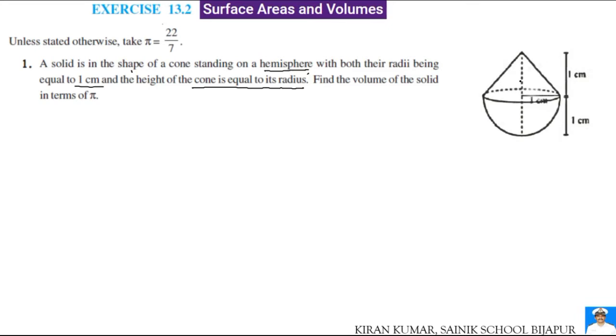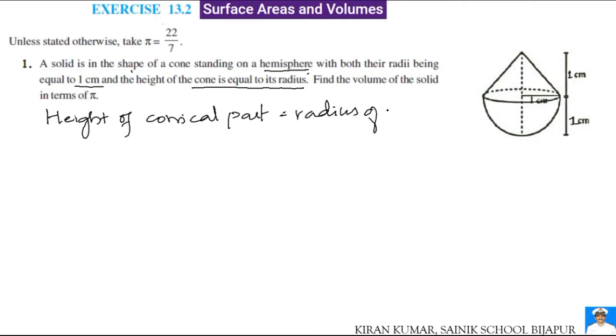This will be the corresponding diagram. 1 centimeter is the radius of cone and hemisphere. They have given that the height of the cone is equal to the radius, so the height of the cone is also 1 centimeter. Let me mention that height of conical part equals radius of conical part, and both are equal to 1 centimeter.